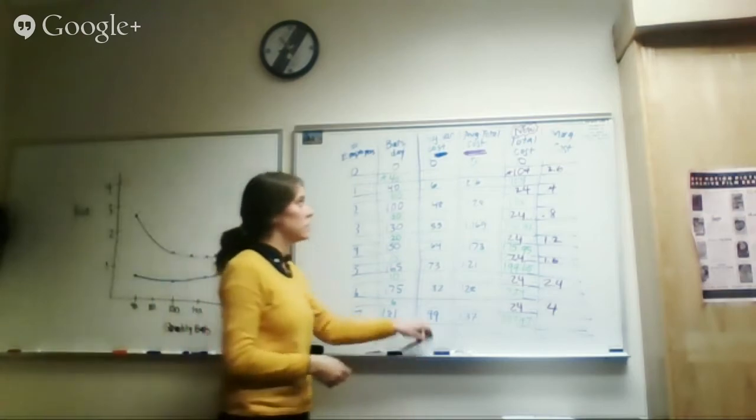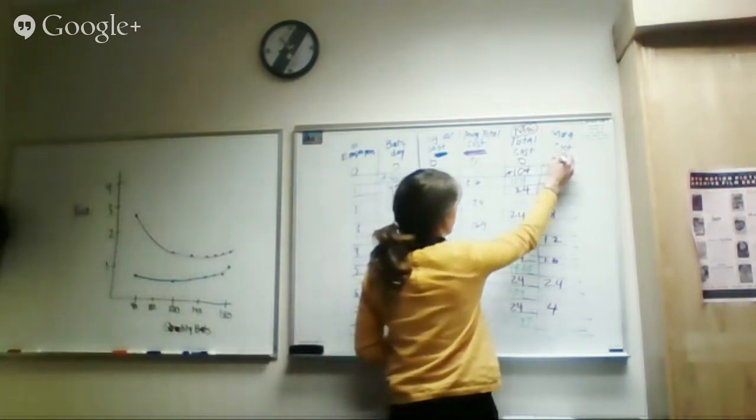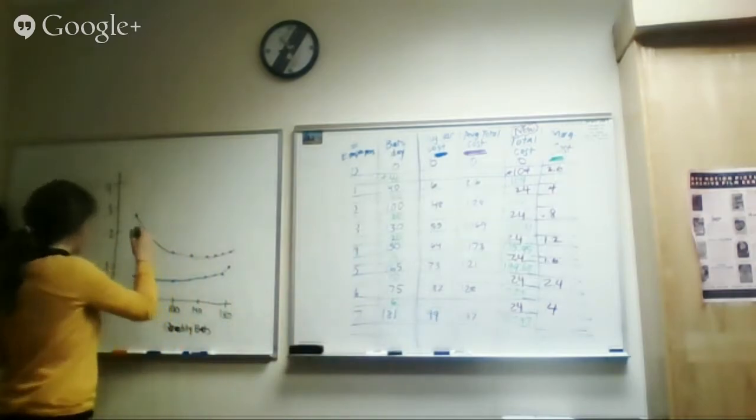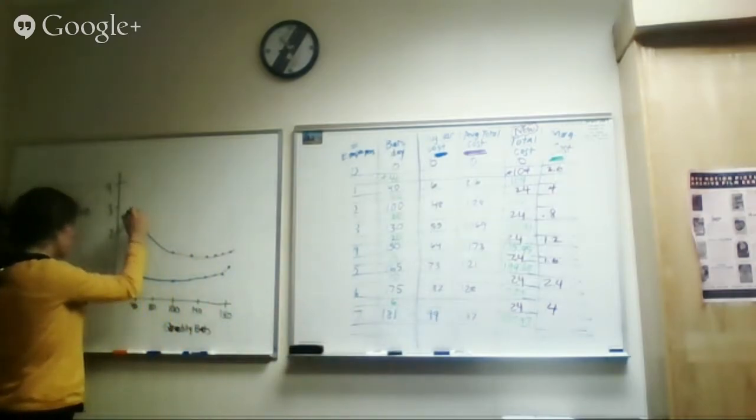And then I'm going to do the marginal cost curve in green. So it starts out up here at 2.6, just like this one.